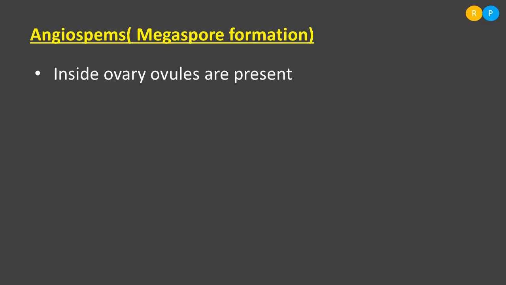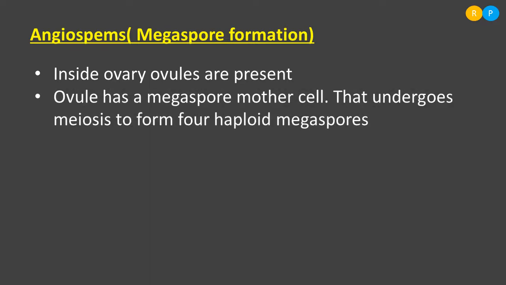Understood? Out of many diploid cells, only one diploid cell becomes functionally dominant, and that dominant cell is named the megaspore mother cell. Clear? So, this is the dominant cell that can be seen in the ovule.